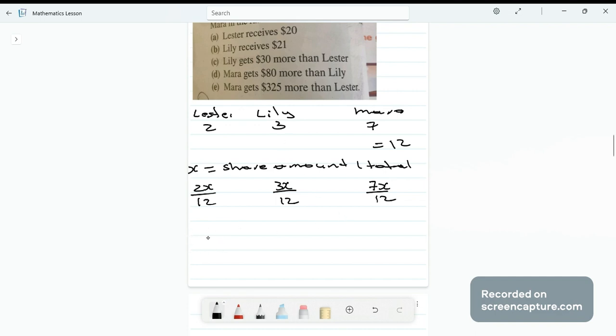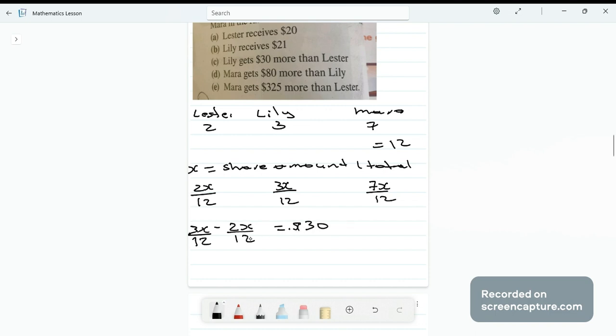Lily got more than Lester, so it should be 3X over 12, and we are going to subtract from it 2X over 12. And we're saying that amount is equal to $30.